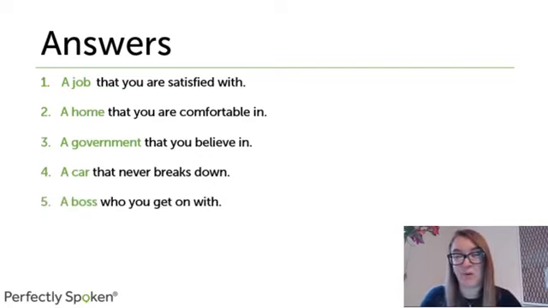Now, hopefully these are all things that we have in our lives. So all important things, and hopefully you correctly identified which words needed to be eliminated there.